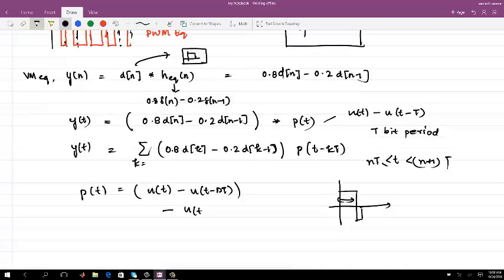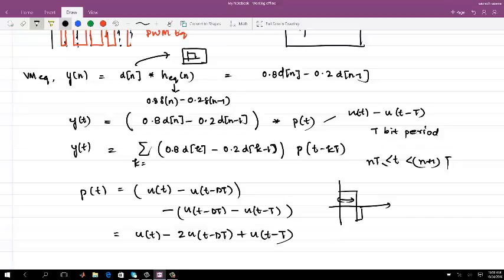Minus u of t minus dT minus u of t minus T. So this is the pulse waveform which we are using for equalization with PWM, in comparison to only an NRZ pulse. So for analysis you use this waveform.